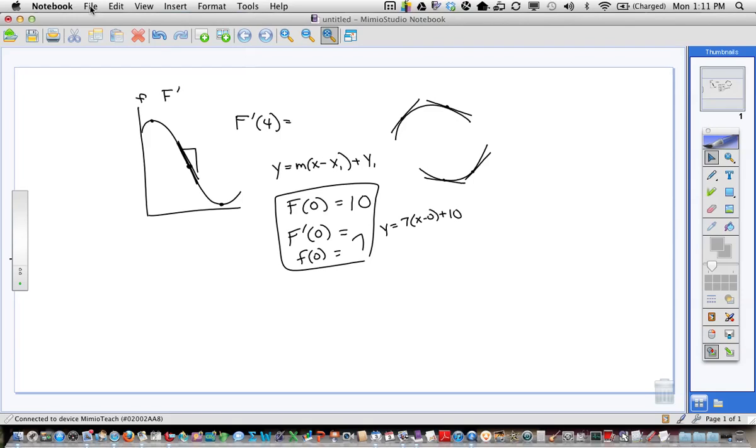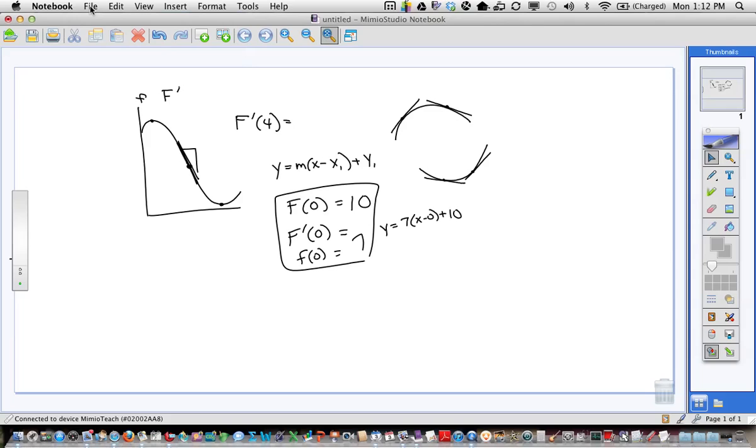Big F is concave down when little f is decreasing, which would be from 1.4 to 8. Oh, wait, but they asked us at 1, right? They said at 1. So it's a yes or no. So it's a no, right? Isn't it no? Because at 1, we're back here. So big F is increasing. So therefore, or excuse me, little f is increasing. So big F is concave up. So if it's concave up, the tangent line's got to be below the curve. So this is no.